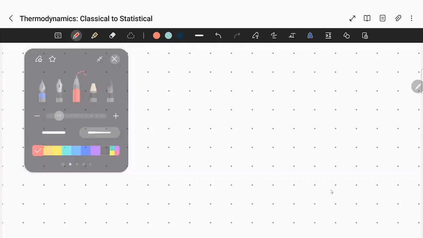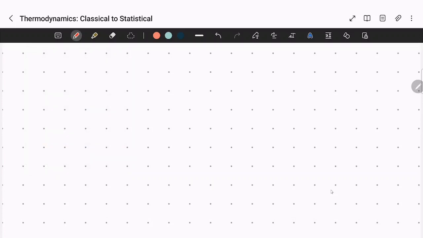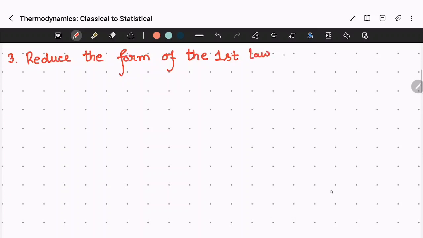What is the third question? Let me write it. Reduce the form of the first law of thermodynamics for the following processes. Which processes?